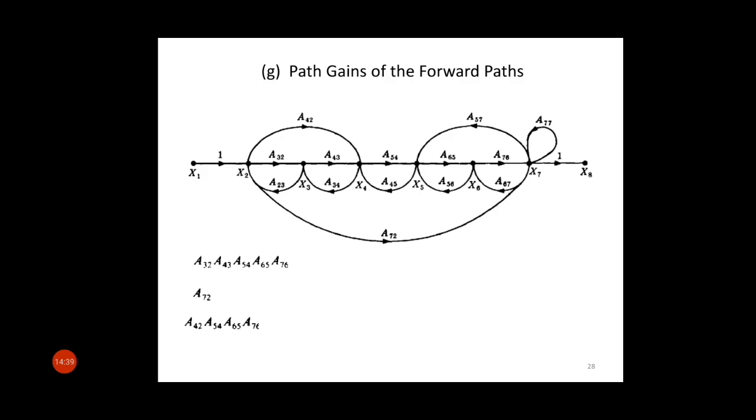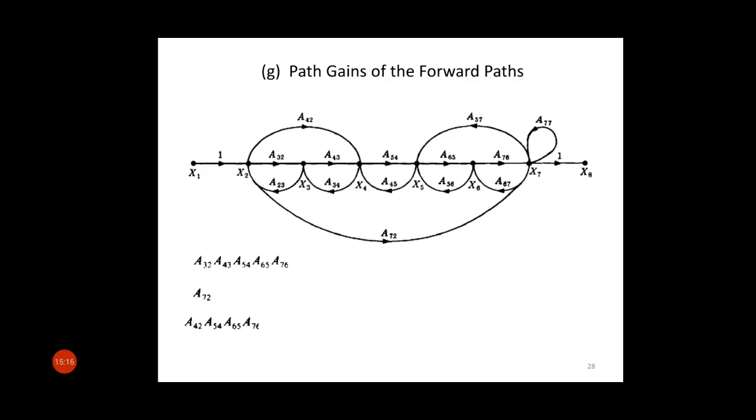And here I have mentioned the path gain of the forward paths. We have already seen in this signal flow graph there are 3 forward paths. The gain of the first forward path is A32 times A43 times A54 times A65 times A76. Then the second forward path gain is A72, only one transmittance here.